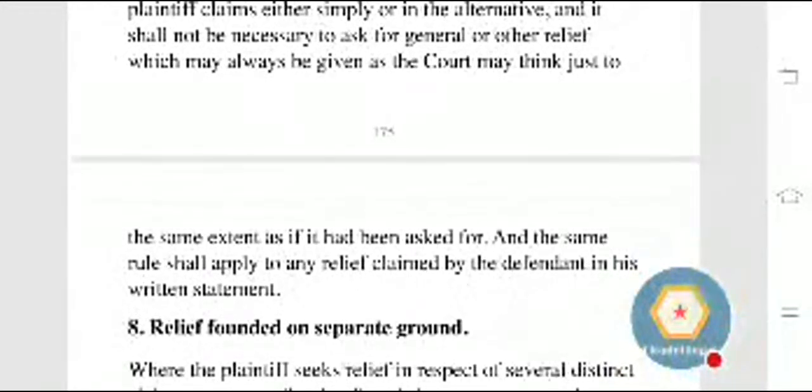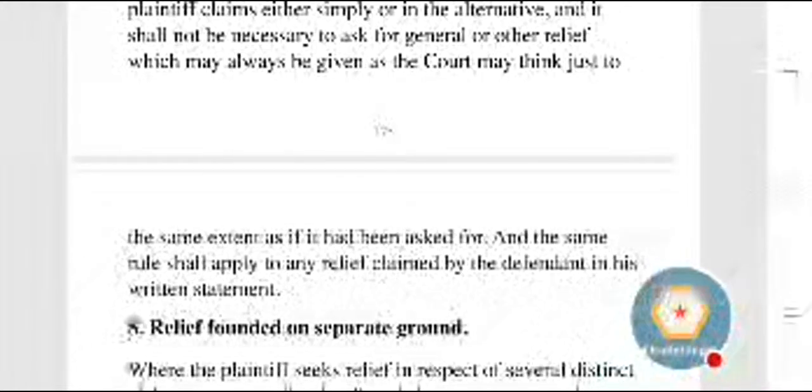So, every plaint shall state specifically the relief which the plaintiff claims, either simply or in the alternative, and it shall not be necessary to ask for general or other relief which may always be given as the court may think just, to the same extent as if it had been asked for. So, general reliefs are always given, or one need not specifically ask for those reliefs, and the same rule shall apply to any relief claimed by the defendant in his written statement.